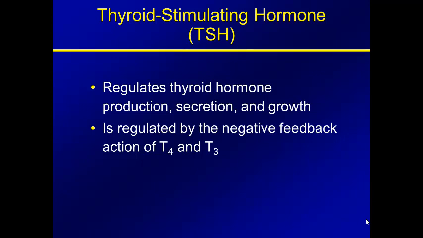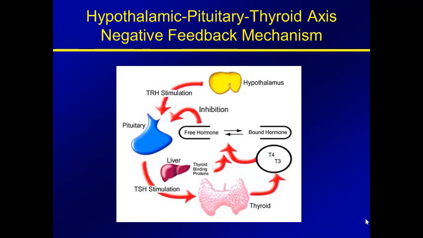So here TSH is secreted from the anterior pituitary gland under the influence of the level of T3 and T4 in the blood. This diagram shows the relation of the hypothalamus, pituitary, thyroid axis, with negative feedback.